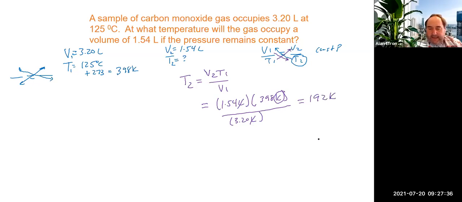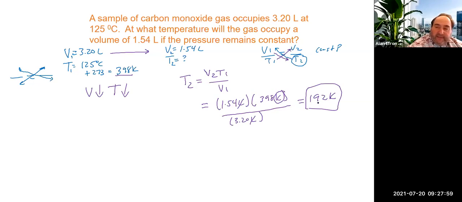And again, if we look at our relationship, what we see is our volume has decreased, which means based on our relationship, we should see the temperature decrease. It went from 398 to 192, or minus 81.5 degrees Celsius, so it also went down as well. So we do see the correct relationship there.